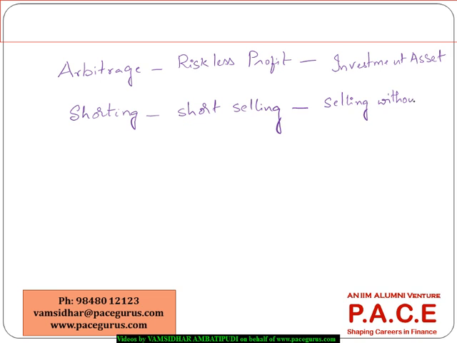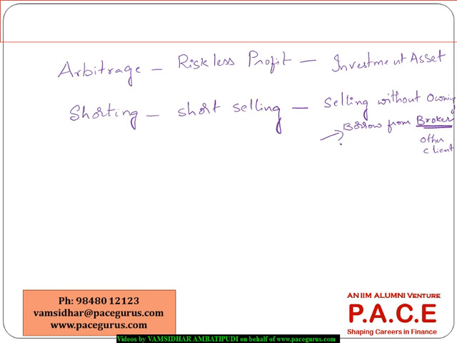Now, how can I do that? I can borrow from the broker, which means the broker is going to take those assets from some other client and lend them to me. And from that lending, I'm going to sell it off, so I'm going to get the proceeds of that.